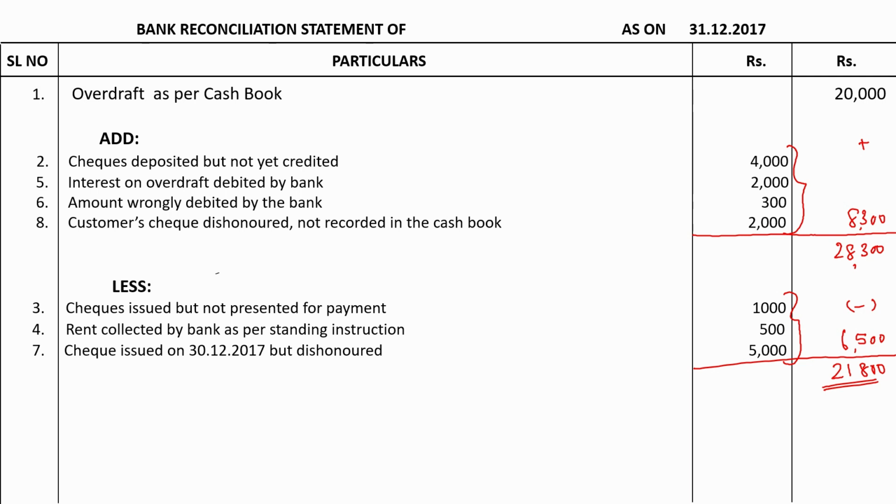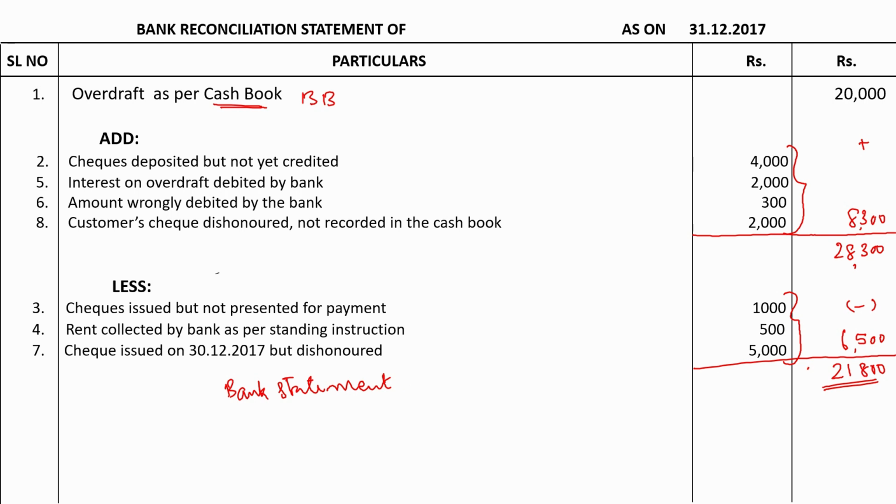21,800. Now we started with the cash book. This is our base book. So our target was to find out what is the balance in our bank statement. Now we come to a conclusion that this amount is related to the bank statement.